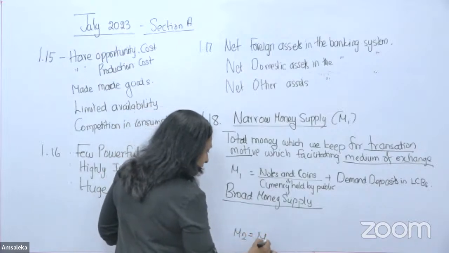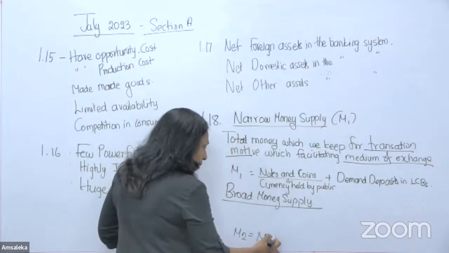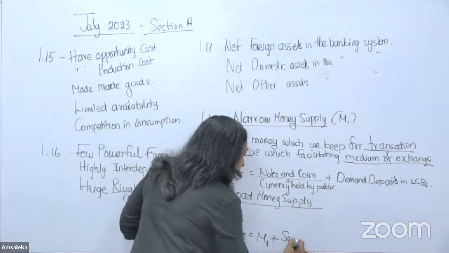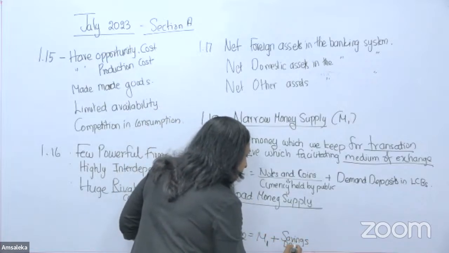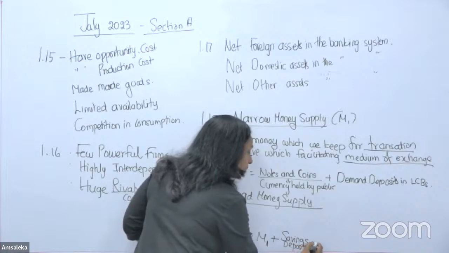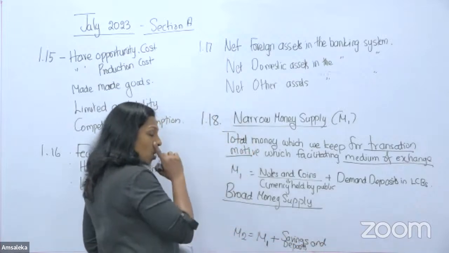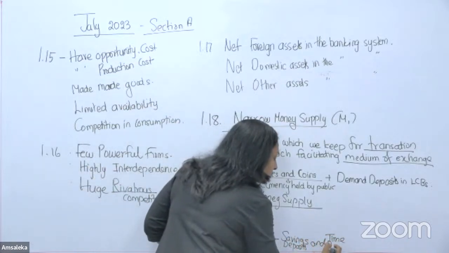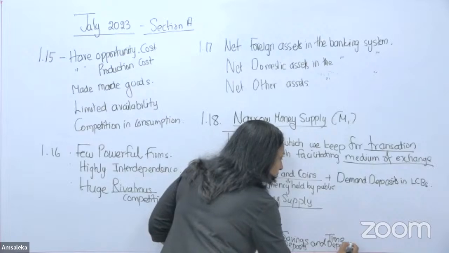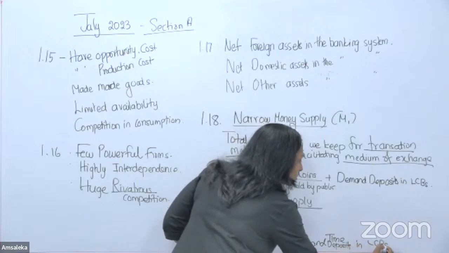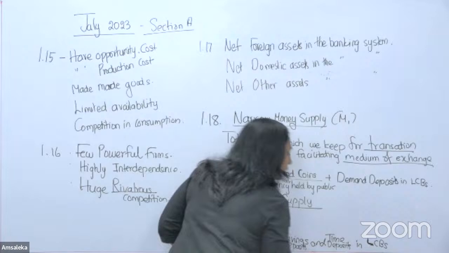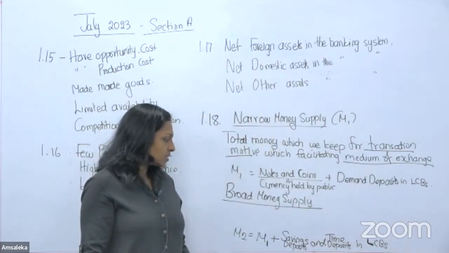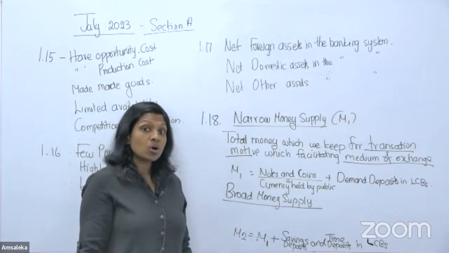So M2 means M1 plus savings deposits and time deposits in LCBs. So M2 means M1 plus savings deposits and time deposits.